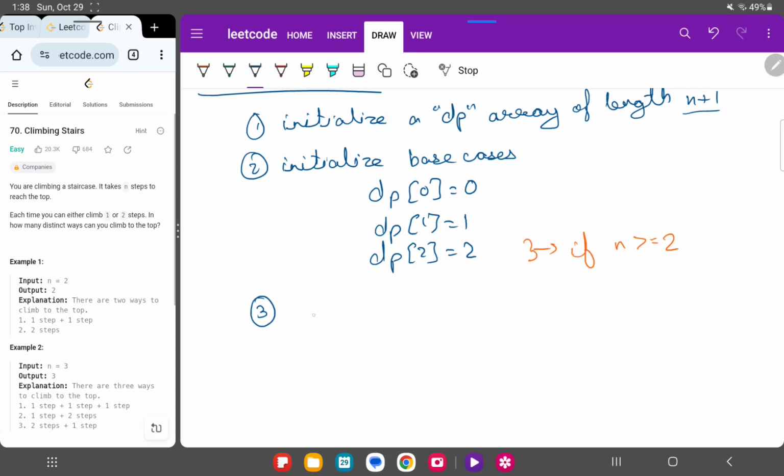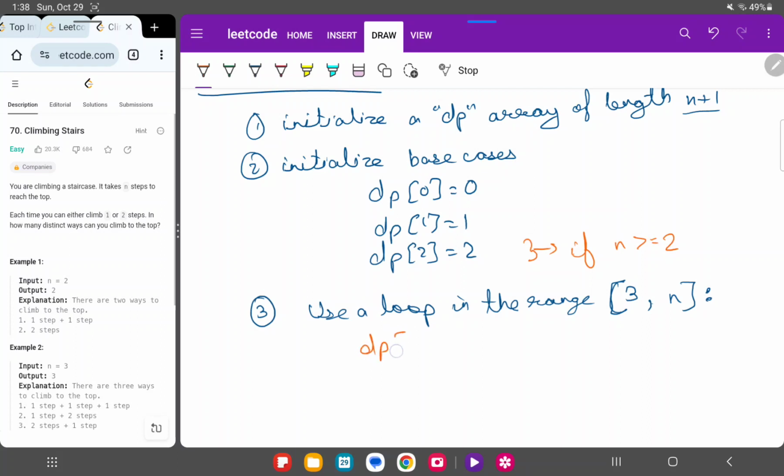For that, use a loop in the range 3 to n. It starts from 3 and goes up till n. Note that n is inclusive and 3 is also inclusive. And what are we supposed to do inside that loop?